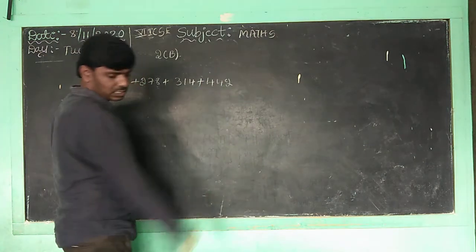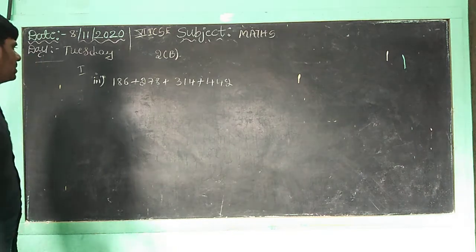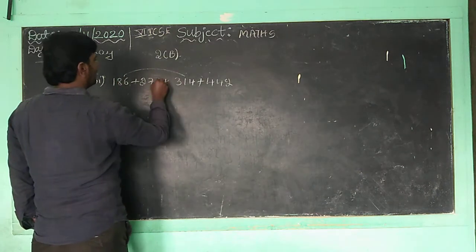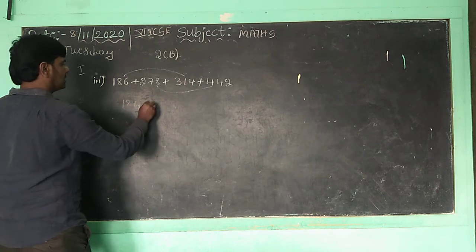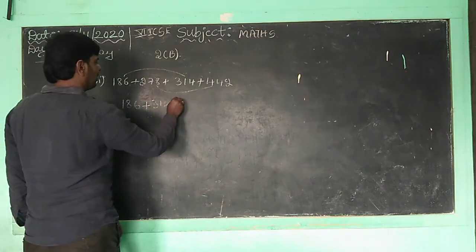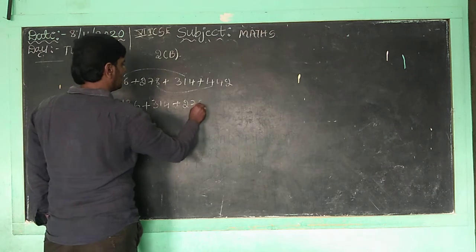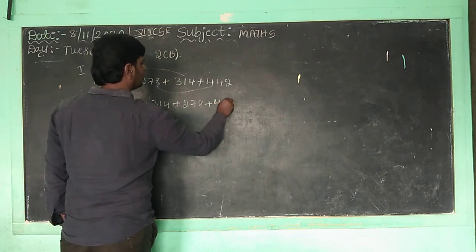Correct, children? Now we want to take first these two numbers you can add, and later these two numbers you can add. 186 plus 314 plus 278 plus 442.